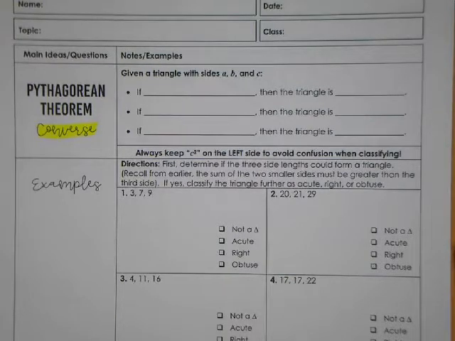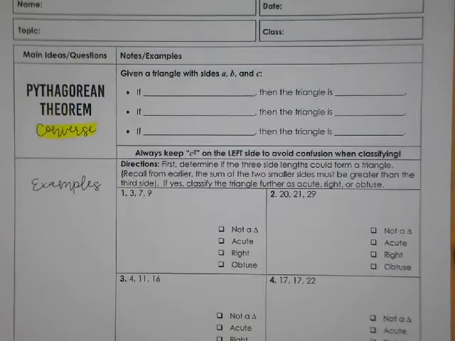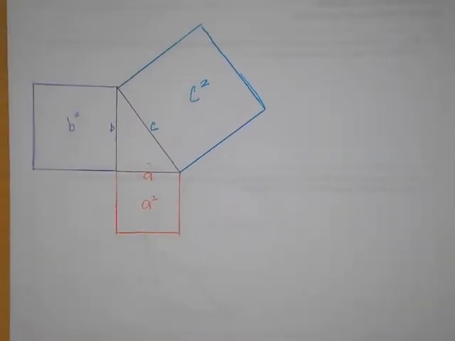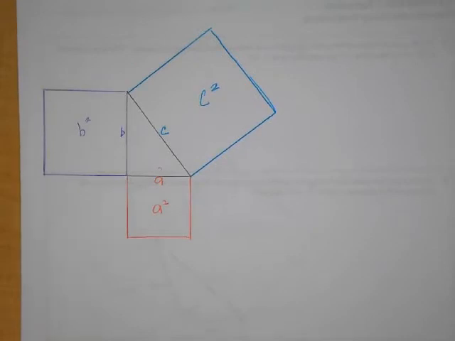And let's talk about what the converse is going to be for just a second, and then we'll get into some practice problems. So what you're seeing here is a very typical model of the Pythagorean theorem.